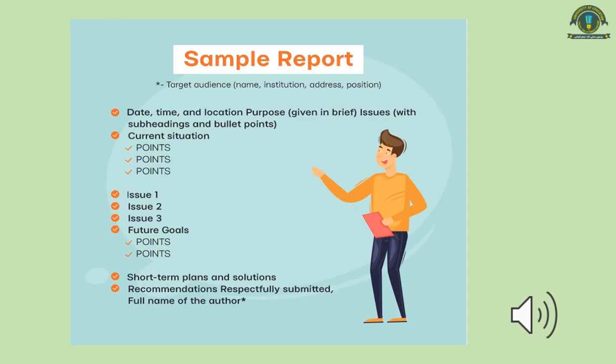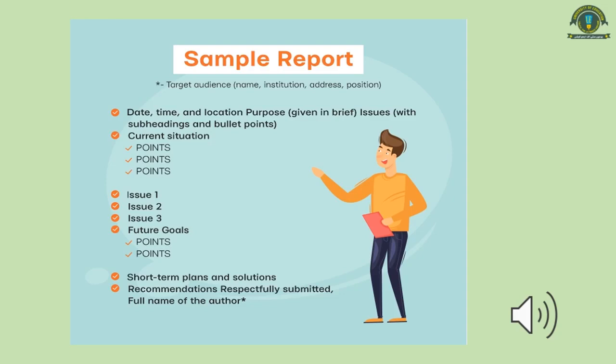The first step is the target audience. In the target audience there is particular information which you have to include, like the name of the audience about whom you are writing the report, and then the name of the institution, address, and position or status. All this information will be mentioned in the case of the target audience.